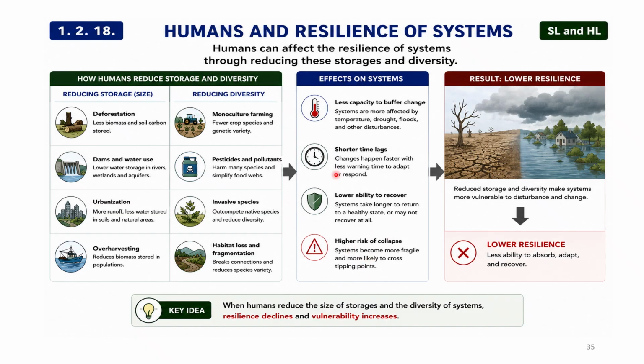The overall result is lower resilience, meaning ecosystems become less able to absorb disturbances, adapt to environmental change, and recover while maintaining their essential structure and functions. This is why conserving both biodiversity and natural storages is fundamental to sustainable environmental management.